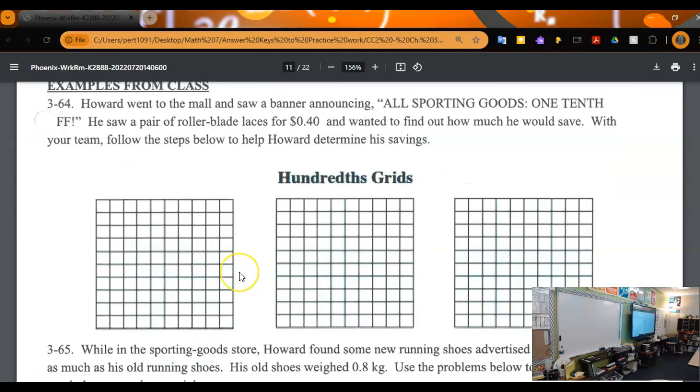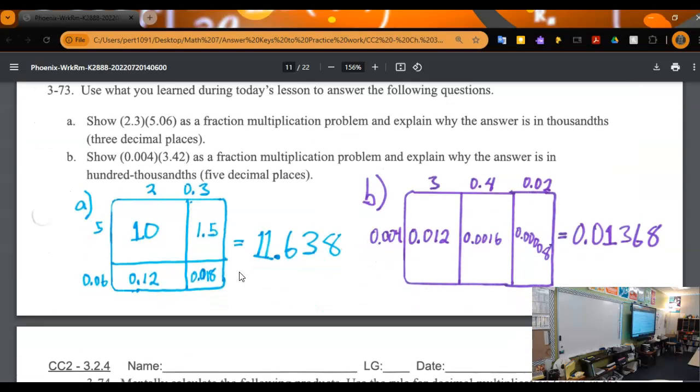All right, in 324, some of us in B probably didn't break up the 0.4 and the 0.02 and you just made it 0.42. That's okay. Your homework does not have to look exactly like mine. But if I break this number into as many pieces as possible, there's a 3 piece, a 4/10 piece, and a 200ths piece.